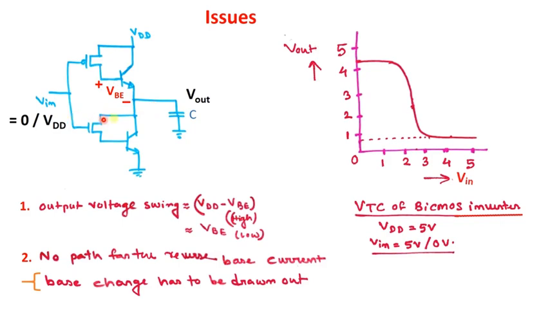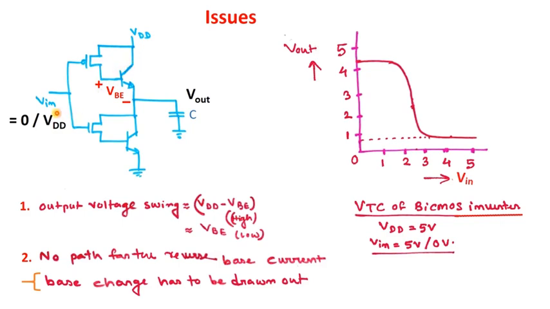That will happen for this block. When V in switches from 0 to VDD, this bipolar junction transistor turns on immediately and starts discharging this capacitor. But what about this bipolar junction transistor?